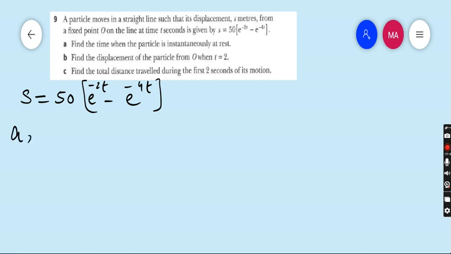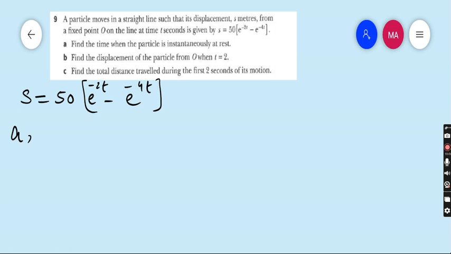Part A: find the time when the particle is instantaneously at rest. First we have to find the velocity, because when the particle is instantaneously at rest, the velocity is 0. The velocity is not given, but the displacement is given.